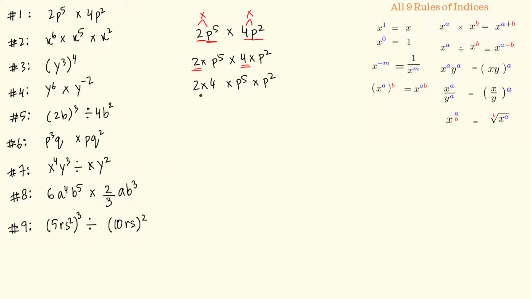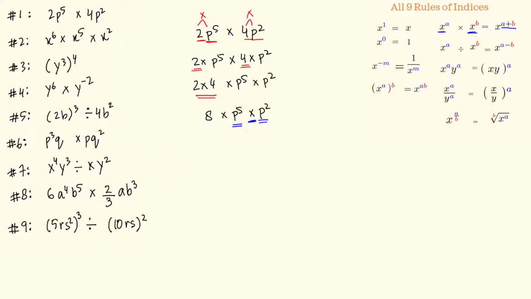And 2 times 4 is 8. So this becomes 8 times p to the 5 times p square. These two terms that are getting multiplied, p to the 5 and p square, have the same base and there is a multiplication sign in between. So I can use this rule of indices over here. When two terms are getting multiplied and they have the same base, then their powers are going to get added.